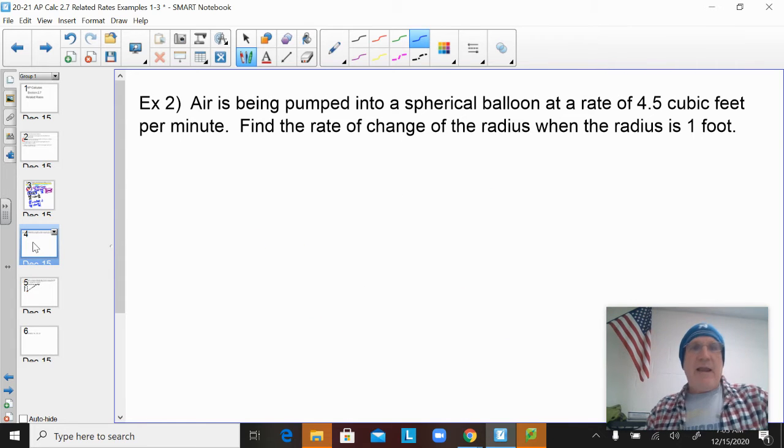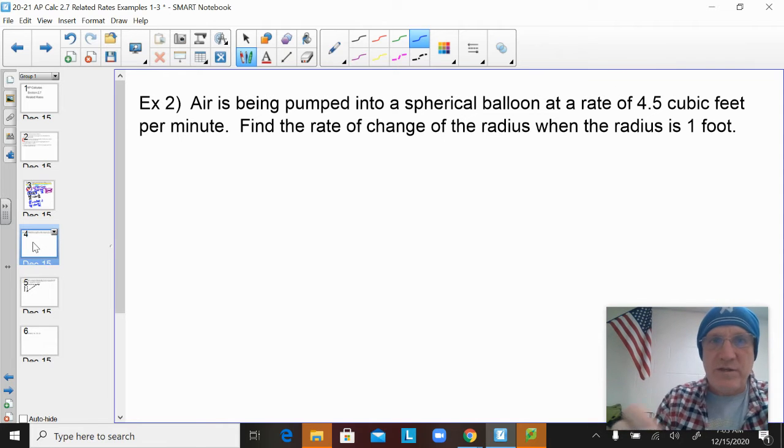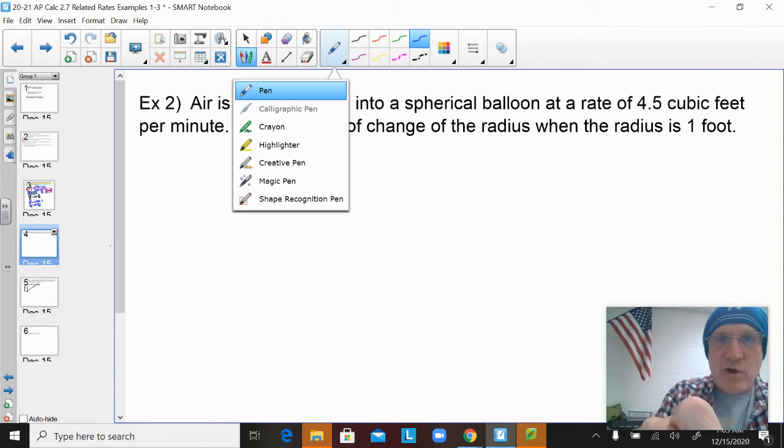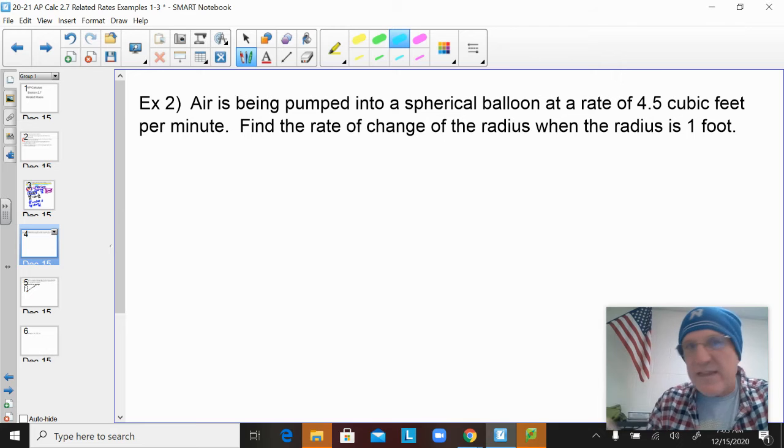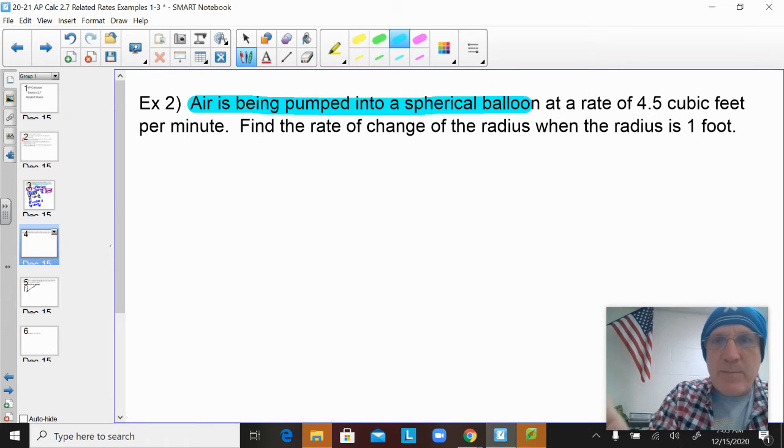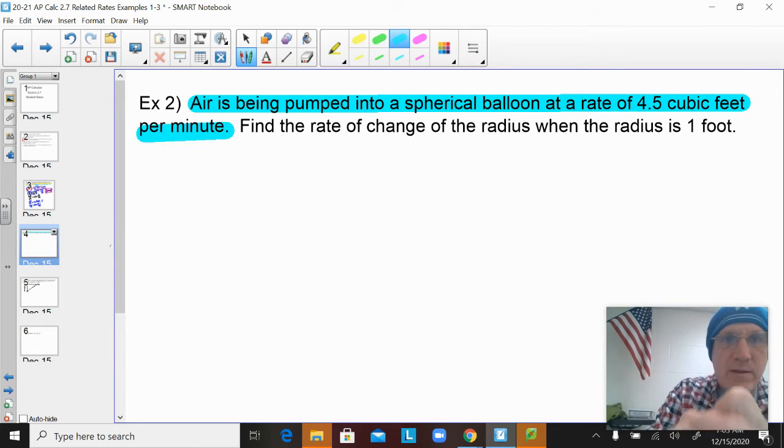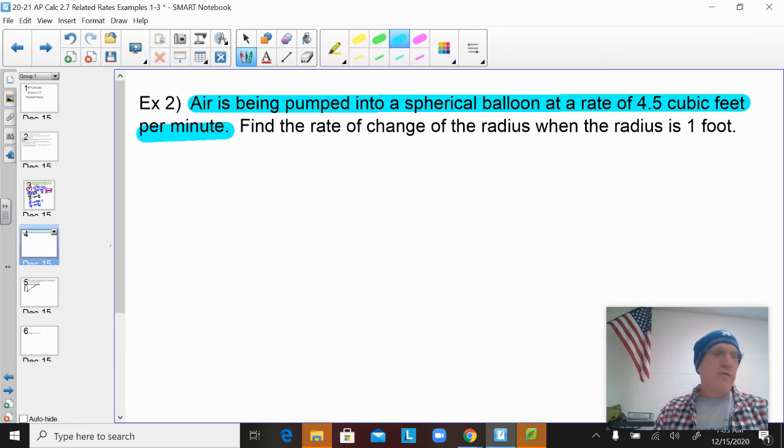All right. Air is being pumped into a spherical balloon at a rate of 4.5 cubic feet per minute. Find the rate of change of the radius when the radius is 1 foot. So again, we have to turn all of that question into, what is it telling us? Air is being pumped into a spherical balloon at a rate of 4.5 cubic feet per minute.